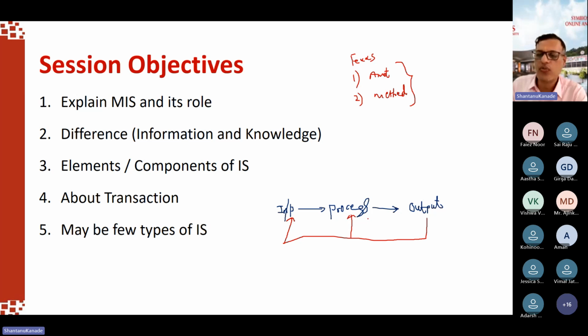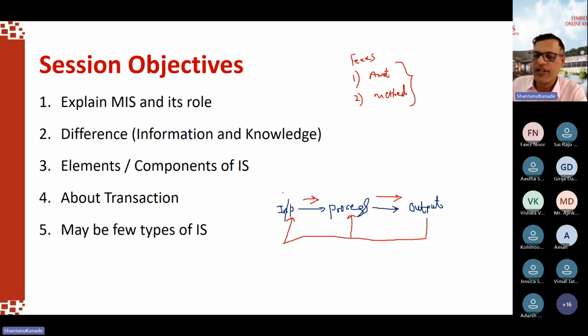So I'm telling these things to the process. This process will get a feedback that I have received a wrong output. So what will happen? The clerk will check what was the input, how much cash amount was deposited. If it was 10,000, he will correct that particular process and generate a new output.